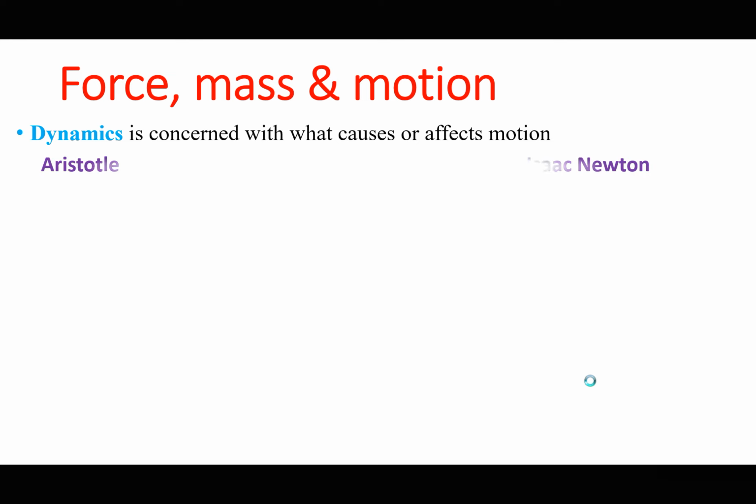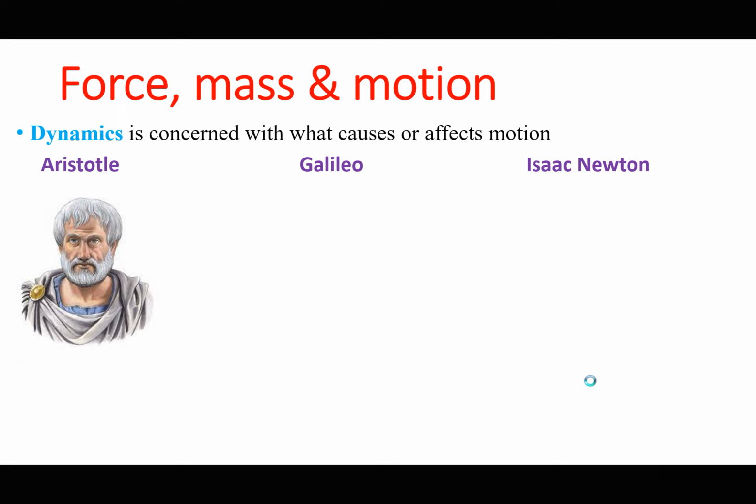But in dynamics, there are three important people we need to mention: Aristotle, Galileo, and finally Isaac Newton. These are the people behind the concepts we are going to discuss in dynamics. To begin with, Aristotle, a Greek philosopher, believed that the natural state of a body was a state of rest, and that a force was necessary to move and to keep a body moving.